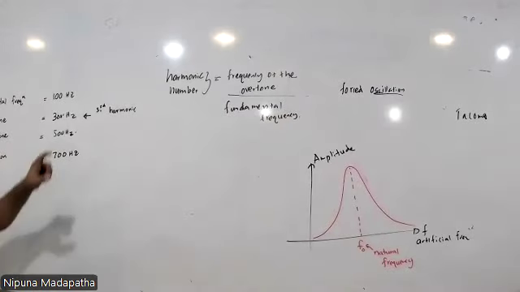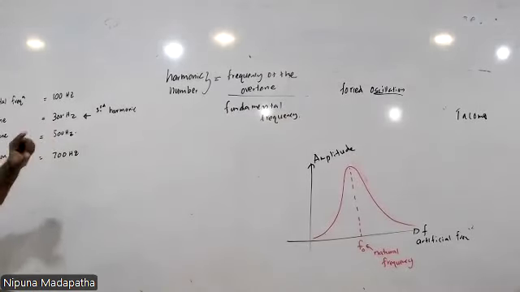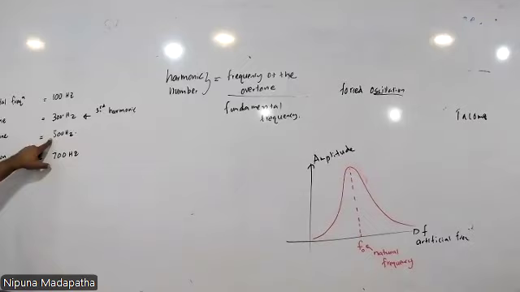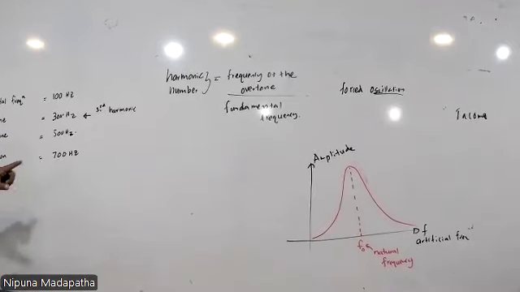Harmonic number is the frequency of the overtone divided by the fundamental frequency. The harmonic number of this second overtone is 4.